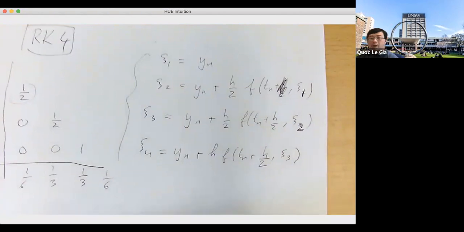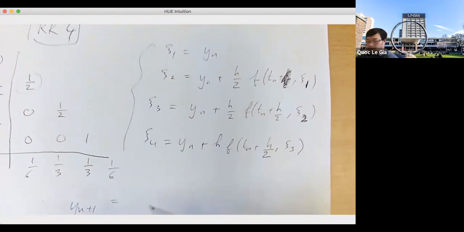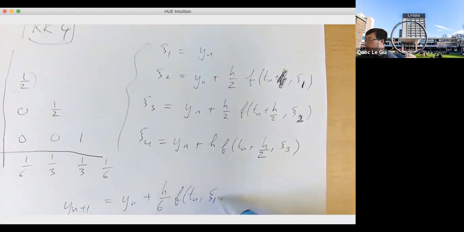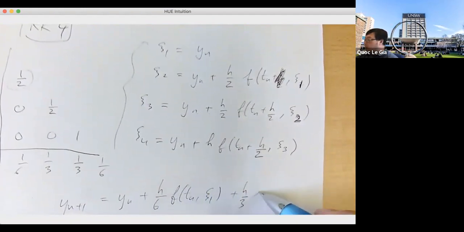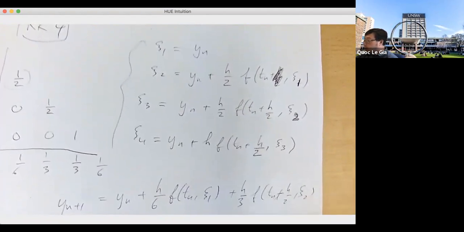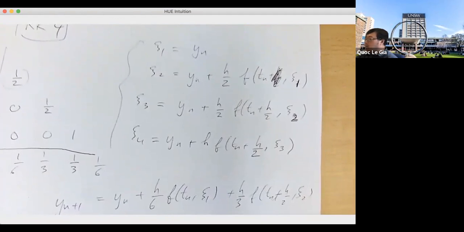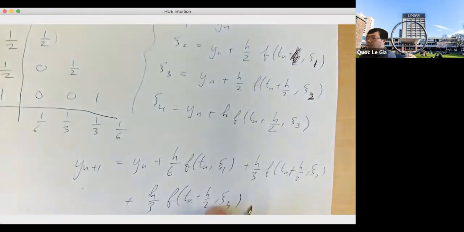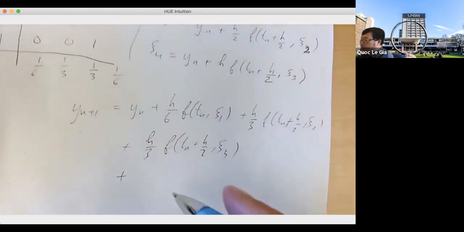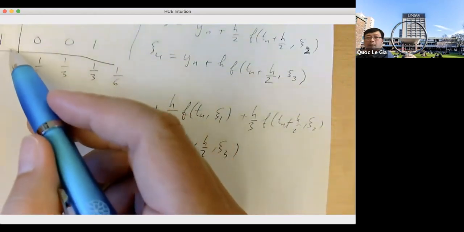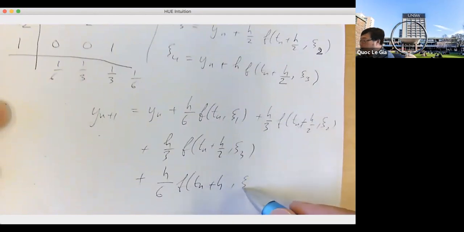Okay, and then you got yn plus 1. So yn plus 1 is yn plus h over 6 f of Tn xi1, plus h over 3 f Tn plus h over 2 xi2, plus h over 3 f Tn plus h over 2 xi3, plus the last term will be h over 6 f Tn plus h, where the 1 is from here, xi4.